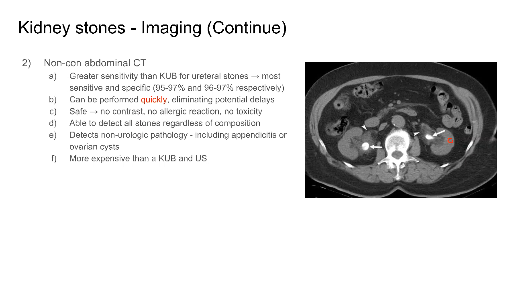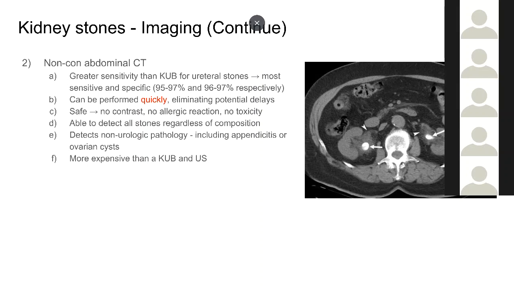Now most people will use a non-contrast abdominal CT. So I want someone to tell me, why non-contrast? Let's go for Zhao. Why do we use non-contrast on the abdominal CT?